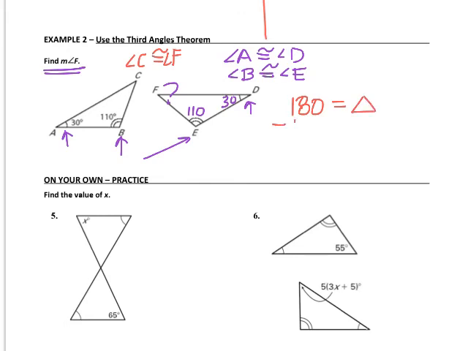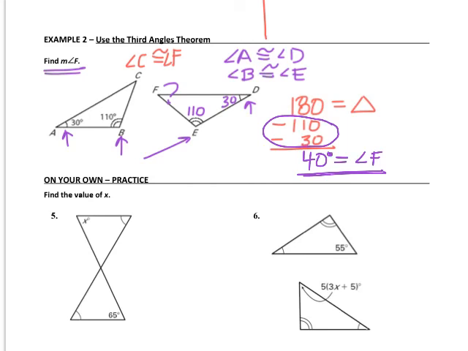And so I can subtract 110 and I can subtract 30 and I can find out what the measure of angle F is. It looks like I'm actually subtracting 140 here, so if I add up 110 and 30, I'm subtracting 140 from 180 and that just leaves me with 40. So that means that angle F is 40 degrees.